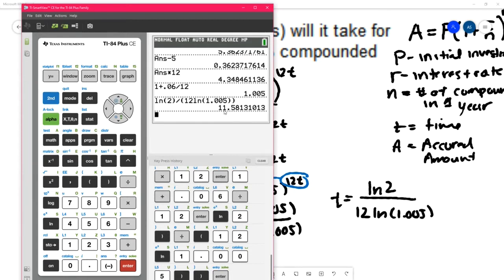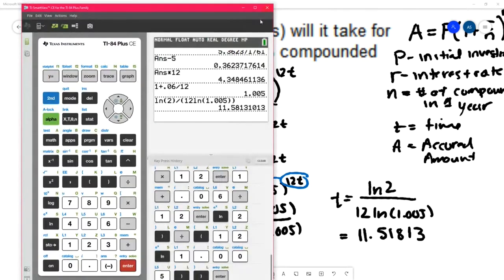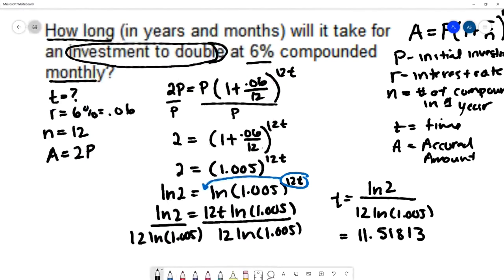So let's write a few of these decimals down. 11.5813. I think I have a decimal wrong there. Let's fix it. 11.5813. So I have an extra 1 in there.